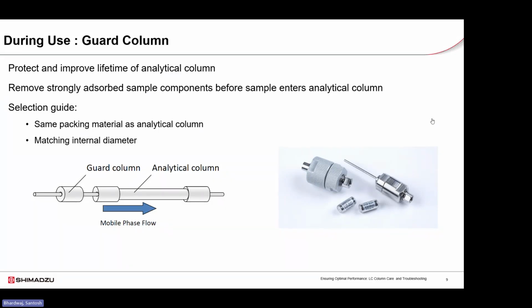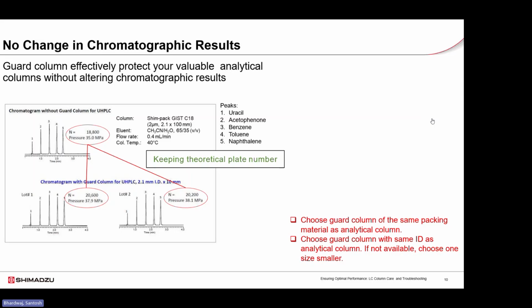For the best results, the guard column should match the stationary phase chemistry used in the analytical column. Guard columns are cost effective, easy to replace, and their use can significantly extend the life of the analytical column. Properly selected guard columns do not affect key chromatographic performance parameters like theoretical plates, resolution, and retention time.